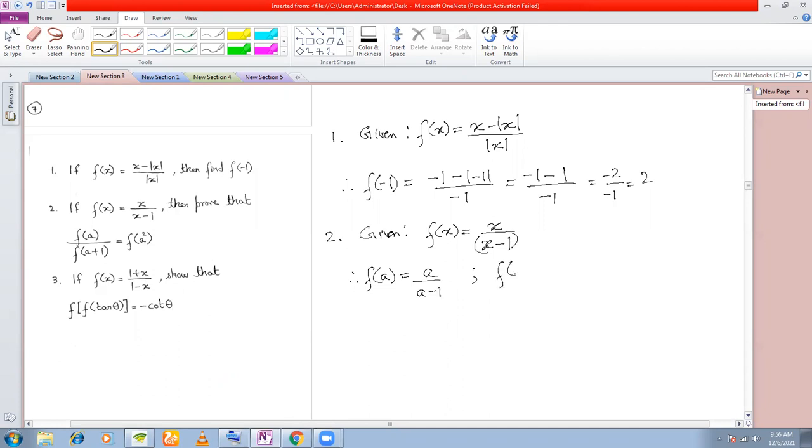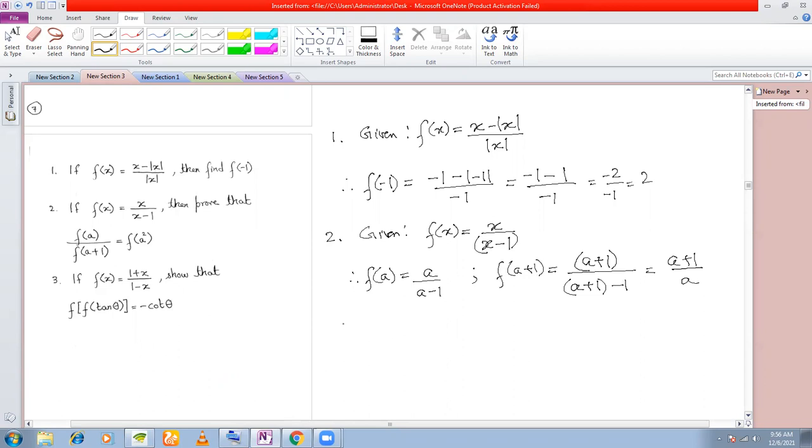And f(a plus 1): you replace x by a plus 1 this time, so you get a plus 1 by a simply. Plus 1 and minus 1 cancel in the denominator.